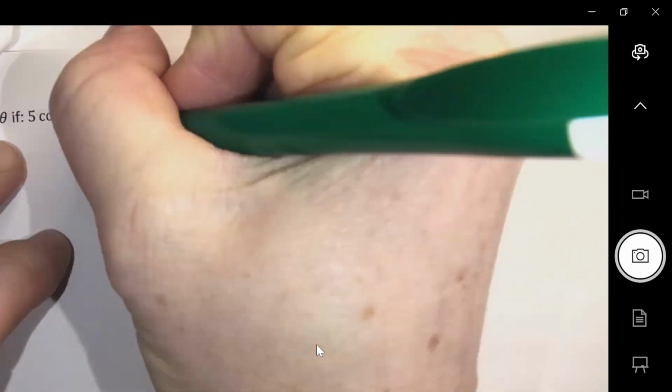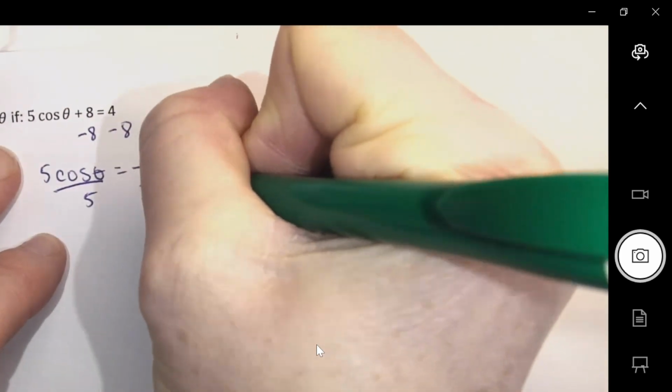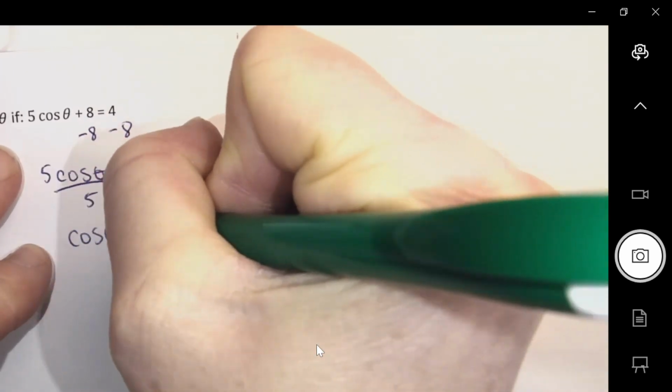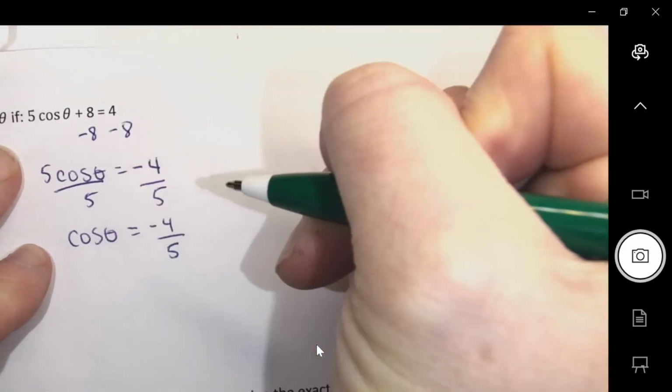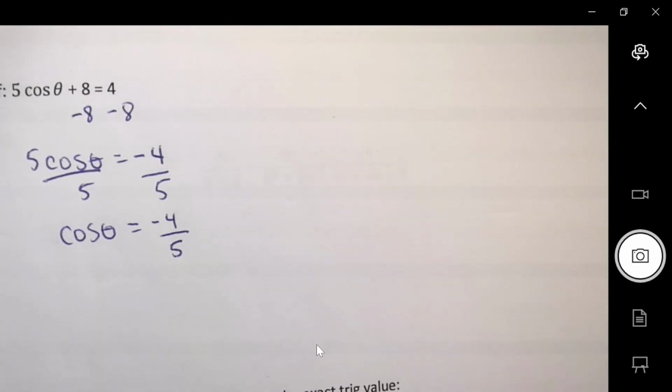So I'm going to minus 8. Divide by 5. Again, I get lots of people who stop there. You're not going to get very many points, because that would be worth 1/2 of a point on this question.